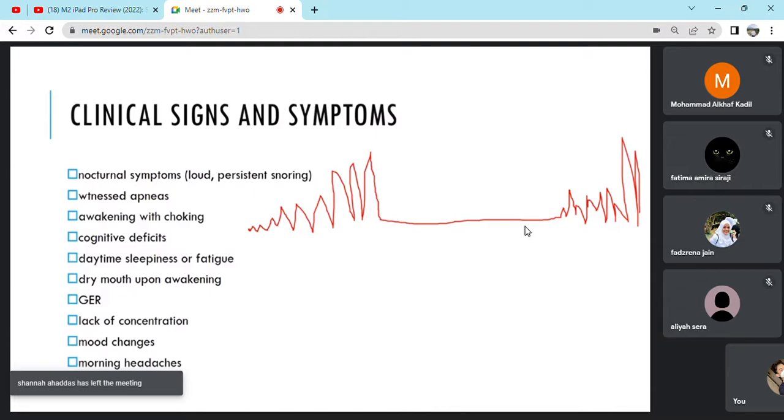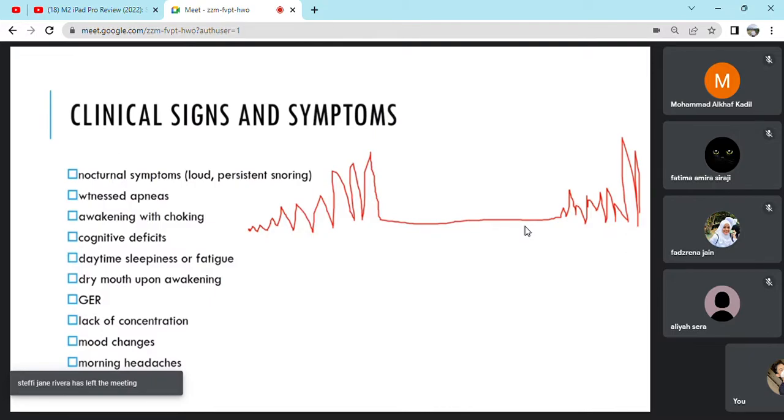But usually, if I'm going to illustrate it, a person suffering from OSA will manifest with the choking and the gasping events na. And then magigising yung tao because they have actually choked. And then eventually, pag nagising siya, okay, babalik na naman siya sa normal.